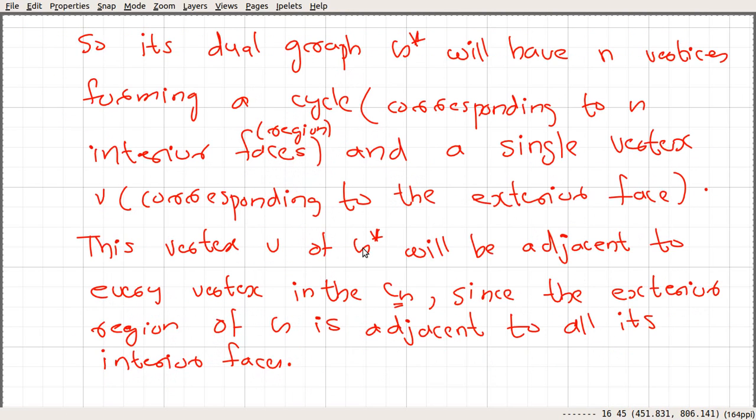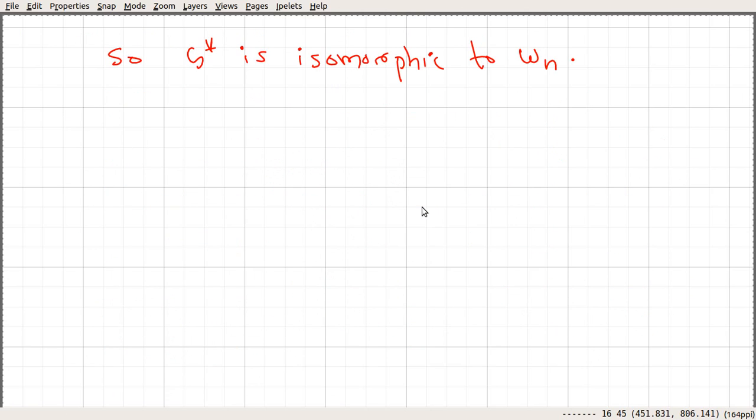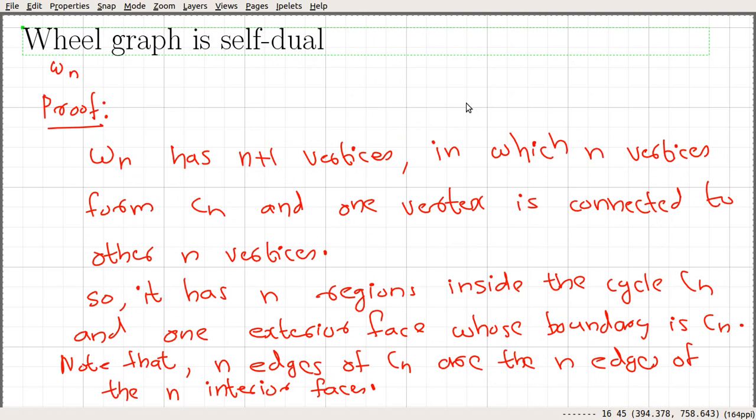So here also we can do the same kind of thing. So G star is isomorphic to Wn, and therefore Wn is self-dual. So we proved the wheel graph is a self-dual graph. This gives us, with Wn, an infinite family of graphs that are self-dual.